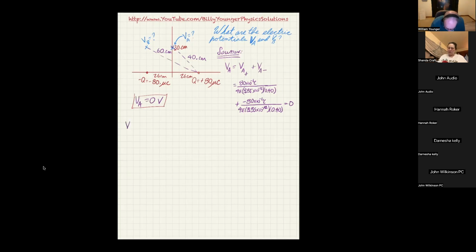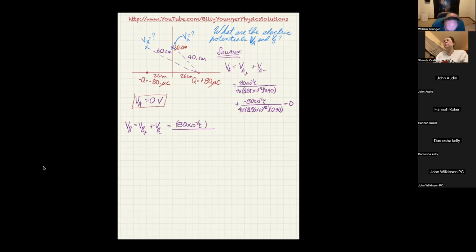So the voltage at B is equal to the voltage at B due to the positive one plus the voltage at B due to the negative one. The first is 80 times 10 to the negative 6 coulombs. I'll go ahead and show all the units on this one.